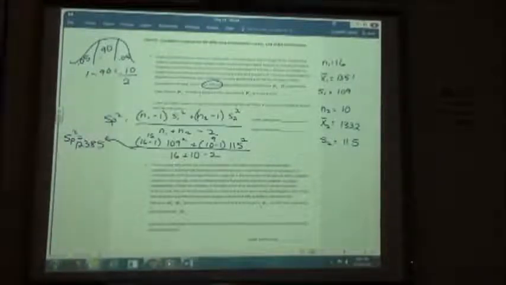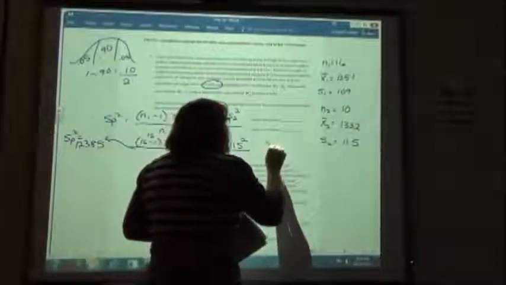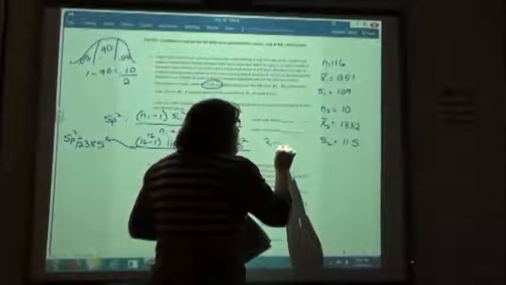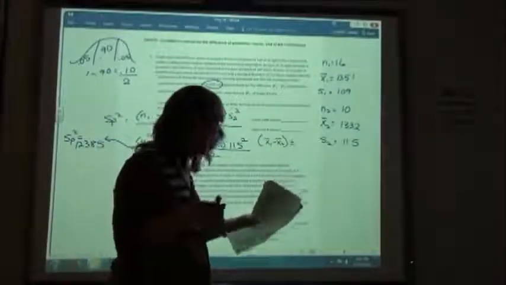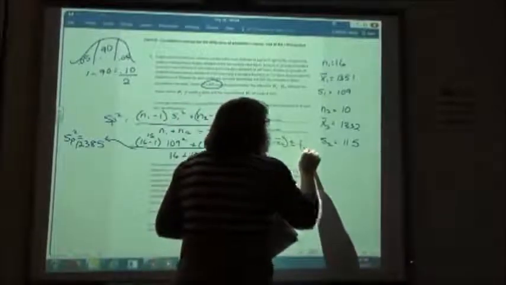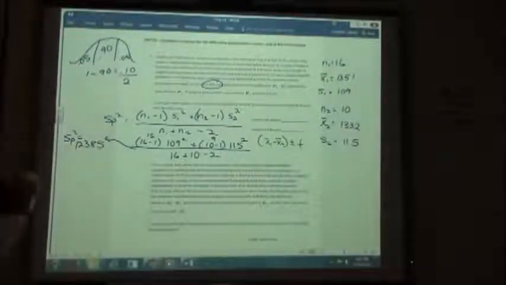Now, we did all of that. We have to do the confidence interval formula. So like we did on the previous one, which I didn't leave myself a whole lot of space to write, we're going to do the mean 1 minus the mean 2, plus or minus. This one's going to be a t-test. So t sub, we figured out it was going to be 0.05 because our confidence interval was 90.